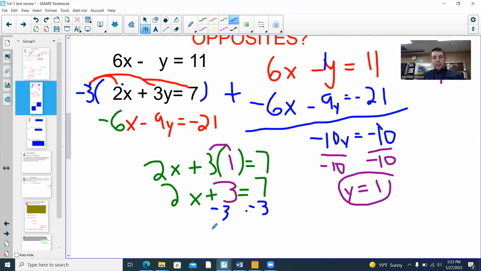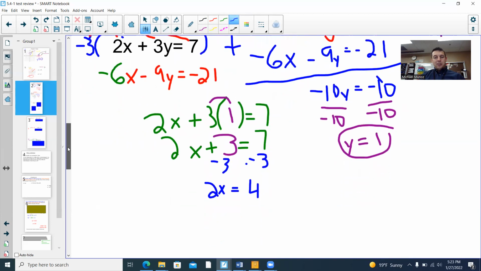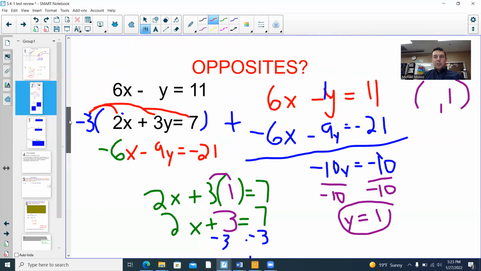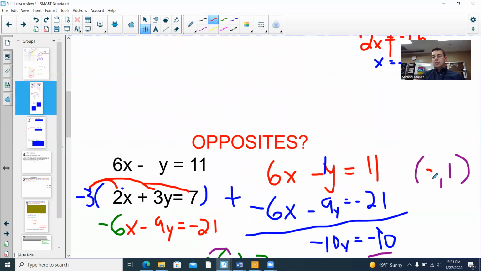And what I'm left with is, I'm bringing down my 2x equals 7 minus 3 is 4. Last step, I'm going to divide by 2. So I'll divide by 2 on both sides. And x equals a positive 2. So I'll go plug that in for my answer. 2, 1 is my answer.